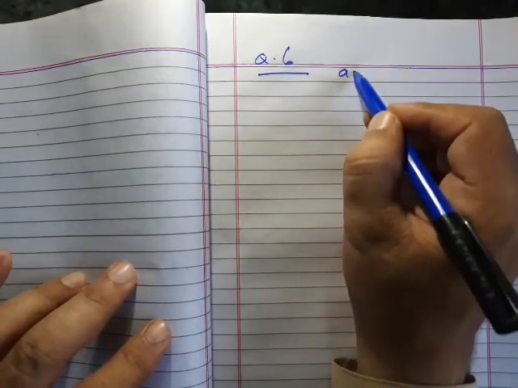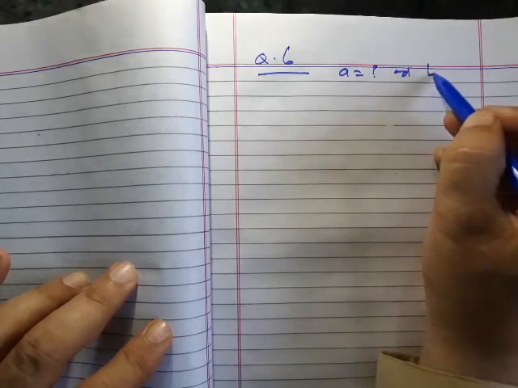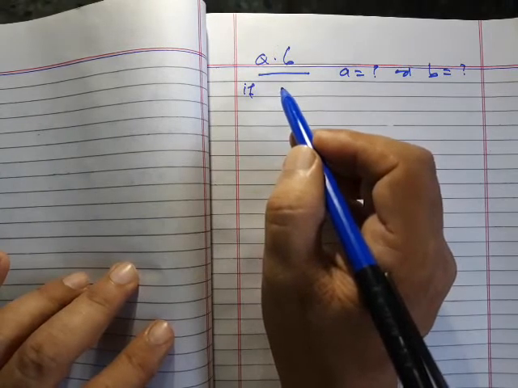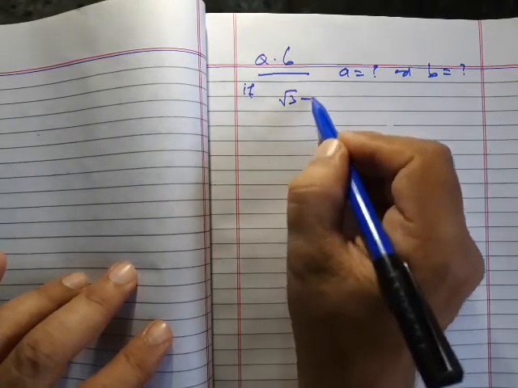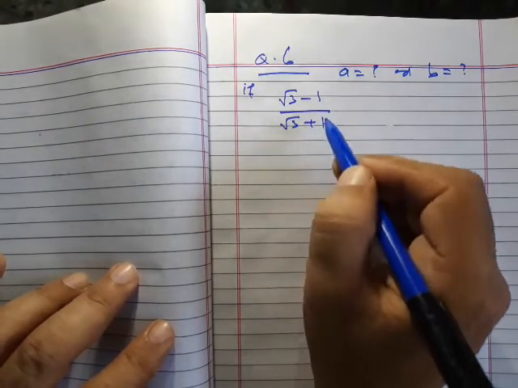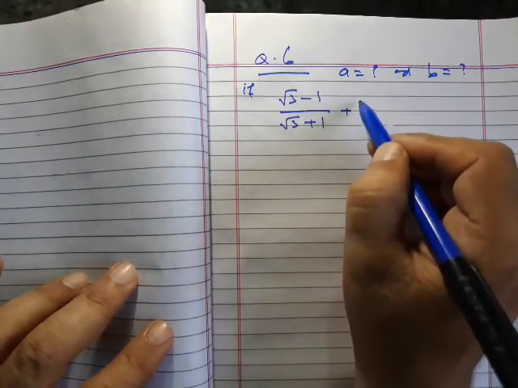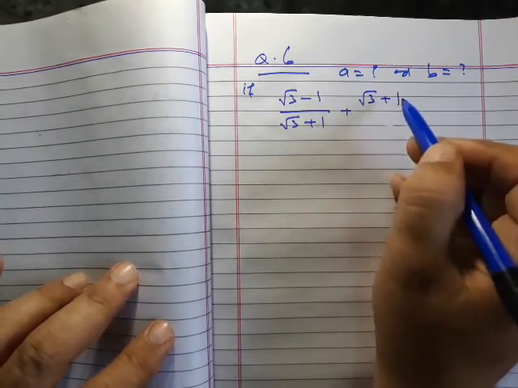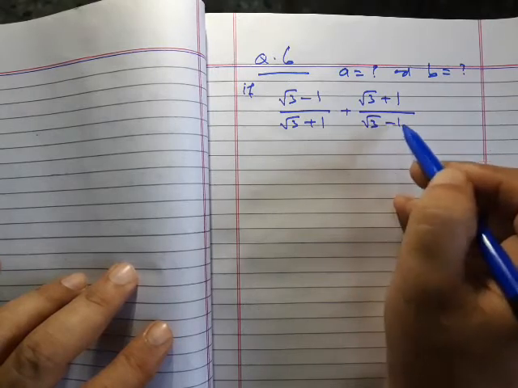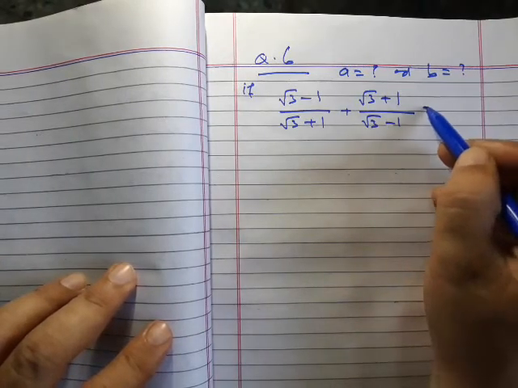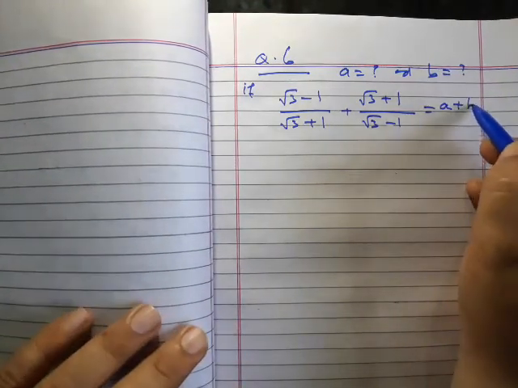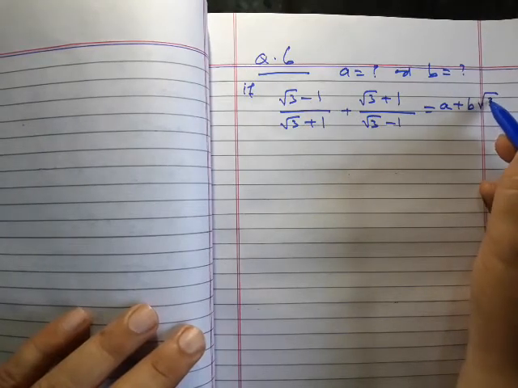We have to find A and B, if (under root 3 minus 1) over (under root 3 plus 1) plus (under root 3 plus 1) over (under root 3 minus 1) is equal to A plus B under root 3.